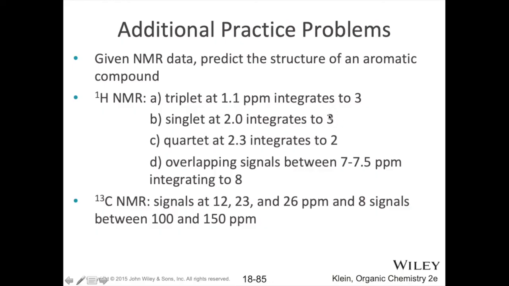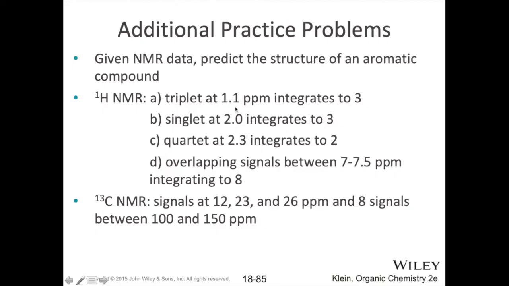If you see this quartet and this triplet with 3 and 2 respectively, that probably indicates they're linked. So this is not an isolated methyl group. This is probably part of an ethyl group. So we probably have an ethyl group over here, and then we have another methyl group that seems to be isolated.